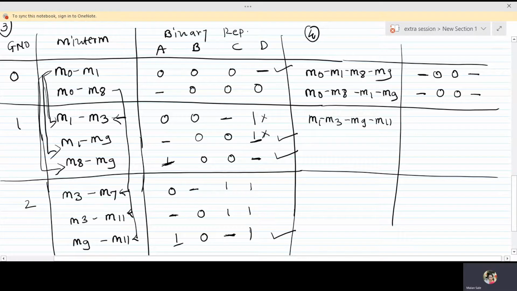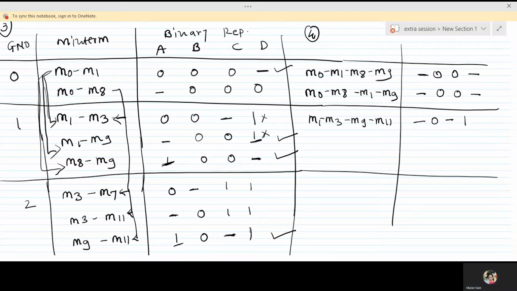And the bit representation is dash 0 dash 1. Now similarly, check the next pair, M1, M9. M1, M9 can be compared with M3, M11.